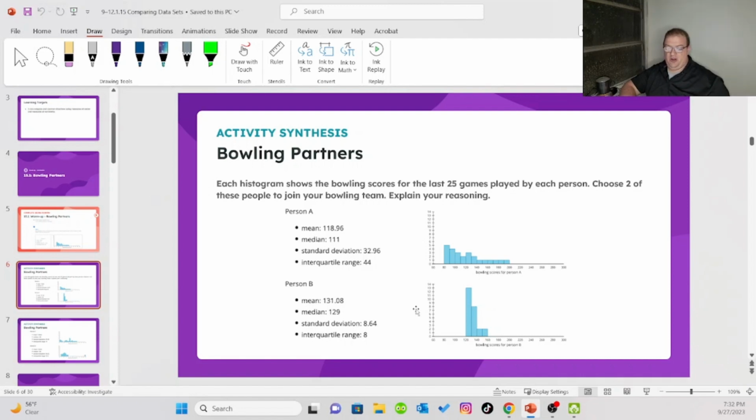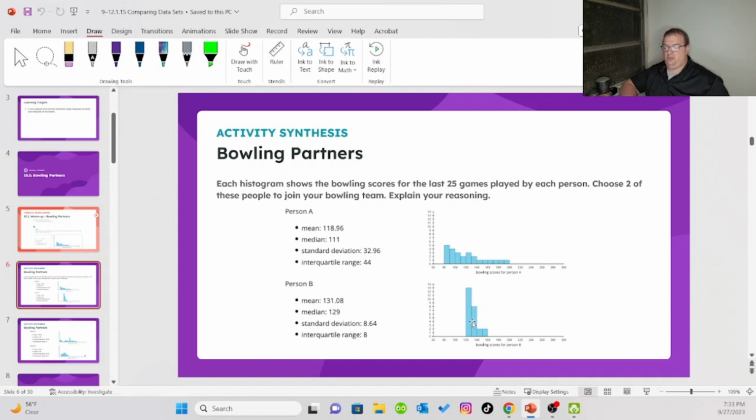Now if we look at person B, this person is very consistent. They don't have any great games, nothing above 160. But they are very reliable. Whereas person A is going to have some games down here between 80 and 90 or 90 and 100.